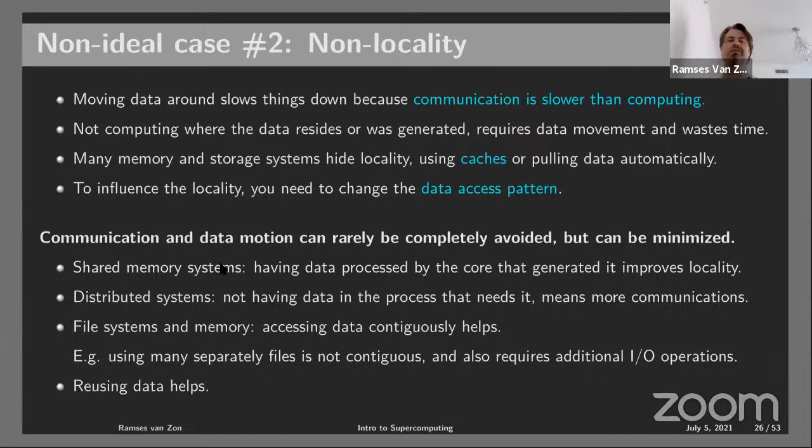But it still means that if data is processed by one core and then subsequently by another core, that is slower than having it processed by the same core. So you try to make sure that your data lives close to the core that used it last, which is a weird way to think about it, but it pays off if you're doing shared memory programming.